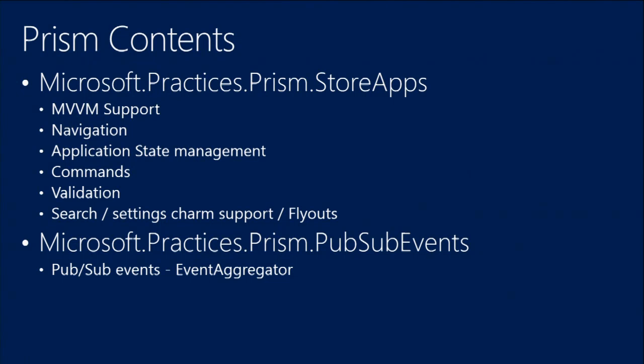But there's one piece of coupling that was always in that feature set in Prism before, which was some thread dispatching capabilities. The way it was done before, in WPF, we took a direct coupling on the WPF dispatcher. In Silverlight, we took a direct coupling on the Silverlight dispatcher. If you're familiar with async in .NET at a lower level, there's a thing called a synchronization context that those are all based on.